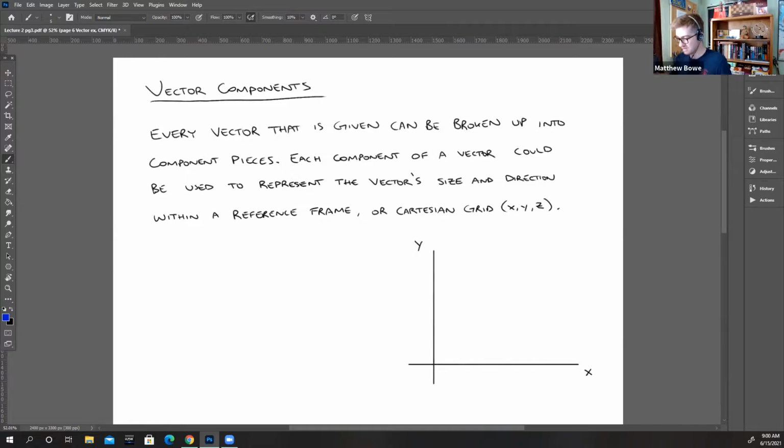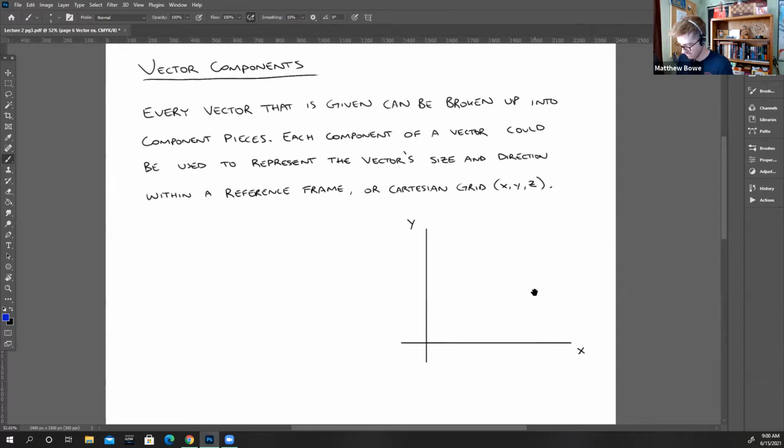So let's make some components for a vector, or let's demonstrate. So we have this Cartesian grid here. And let's say there's a vector that starts at the origin.